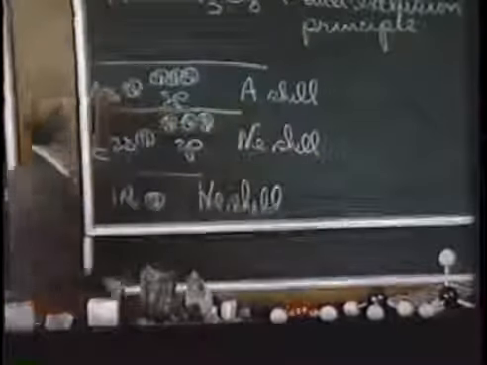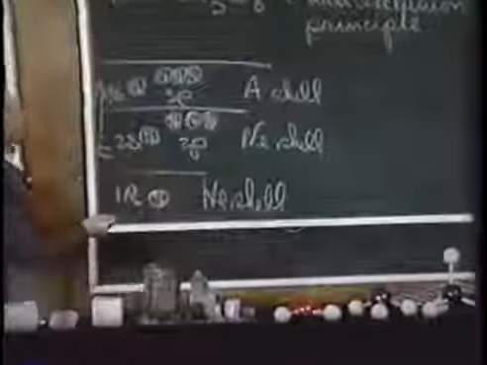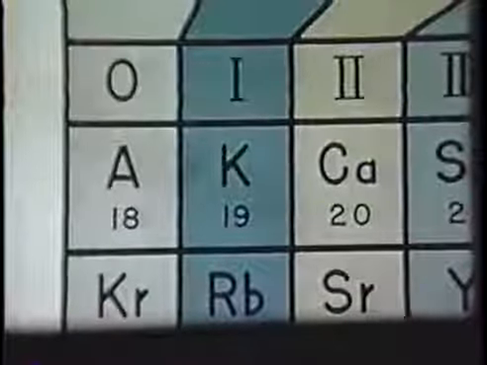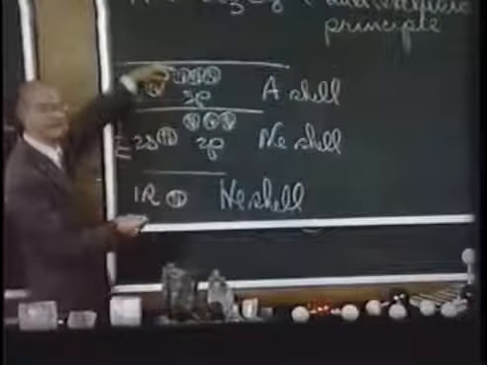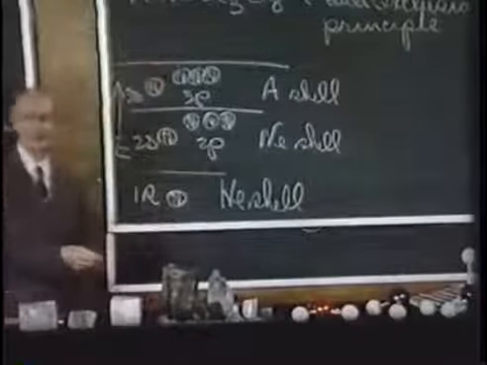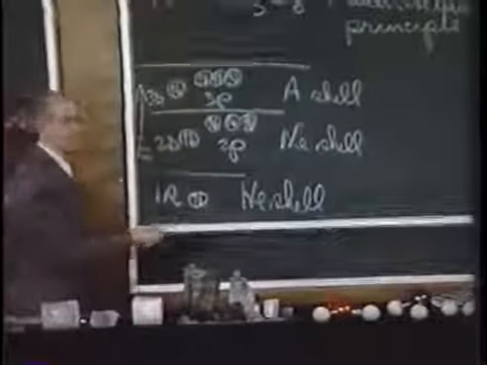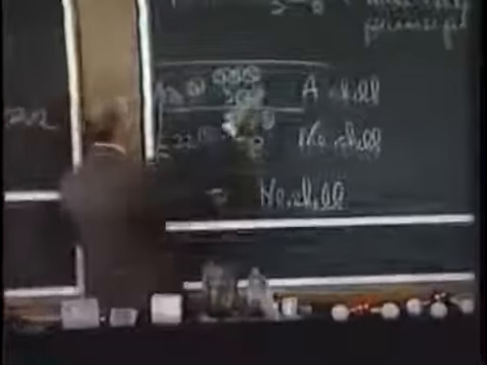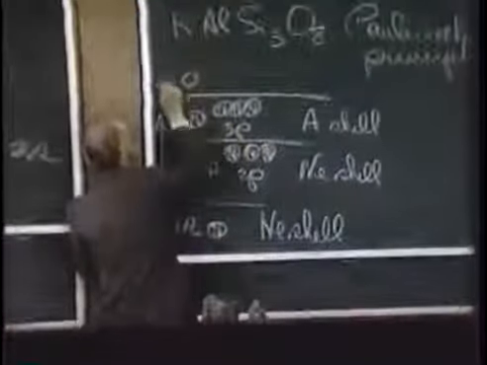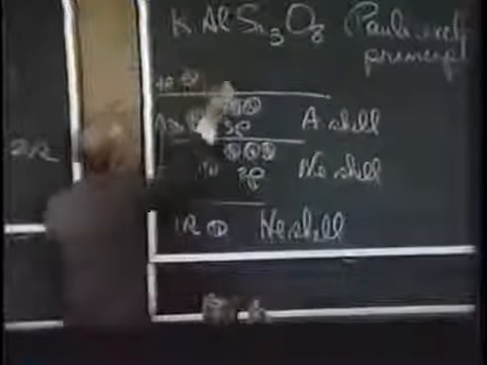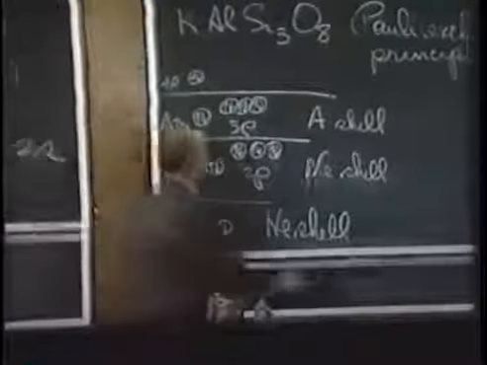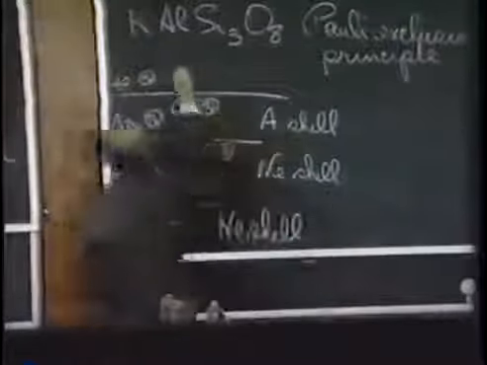Next we come to the fourth shell with atomic number 19, potassium. Here we have 2 electrons, 10 electrons, 18 electrons. These numbers 2, 10, and 18 are characteristic of the first 3 noble gases. With potassium we have the 4s electron. With calcium then a pair of 4s electrons.